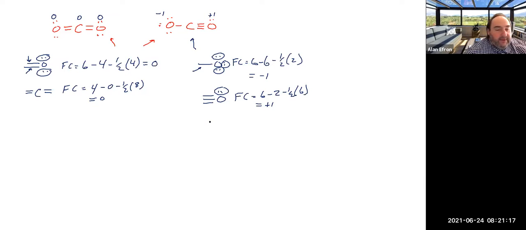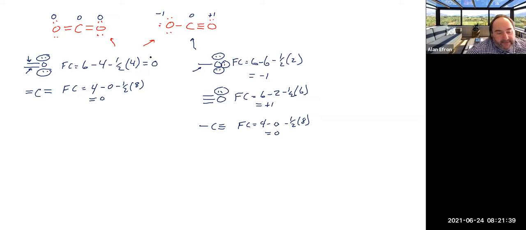And lastly, here we have our carbon that has a triple bond on one side and a single bond on the other side. Our formal charge would be 4 minus 0, as there are no dots, minus 1/2 of 8, since there are 4 lines, and that does give us a 0.